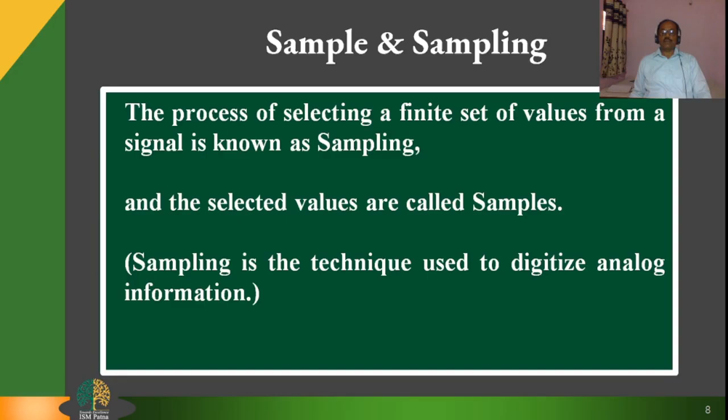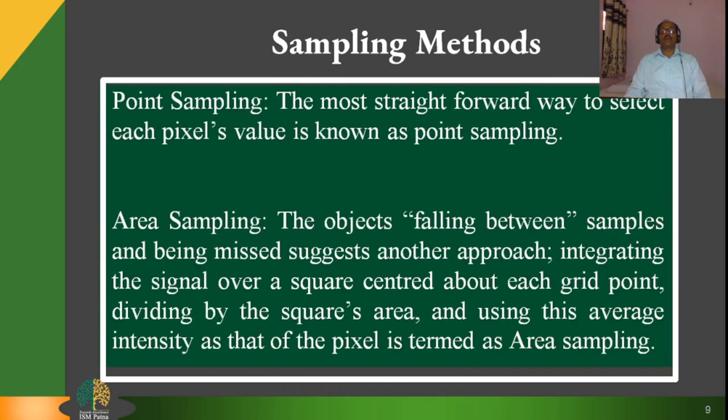The array of pixels in the frame buffer is reconstructed by the graphic system's display hardware, which converts these discrete intensity values to continuous analog voltage that is applied to the cathode ray tube electron guns. The methods we use are identified in two ways: one is point sampling and another is area sampling.